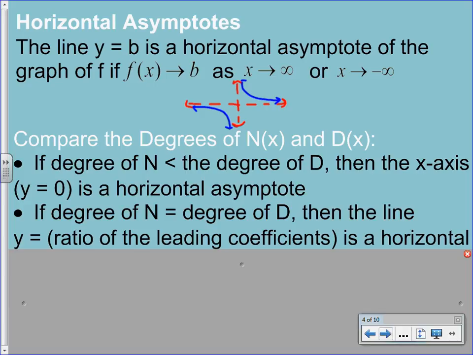We have a horizontal asymptote at y equals whatever the ratio of the leading coefficients is. And we will do an example of each one of these so we know what's going on.